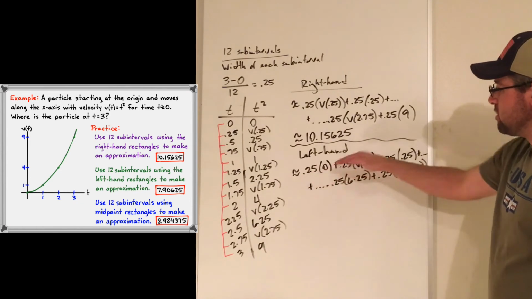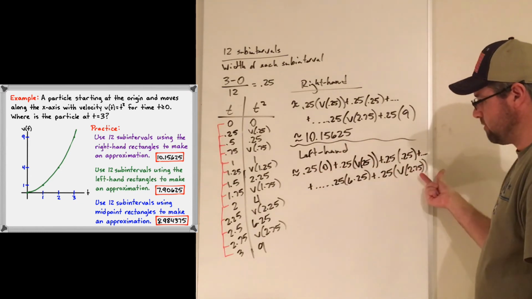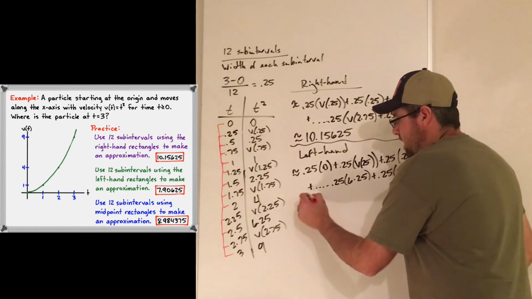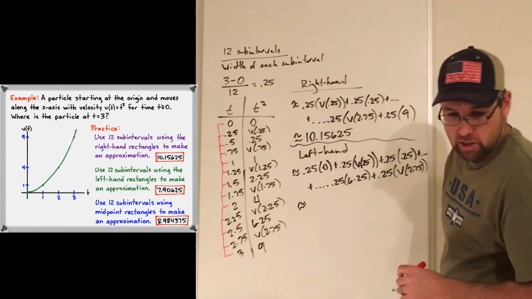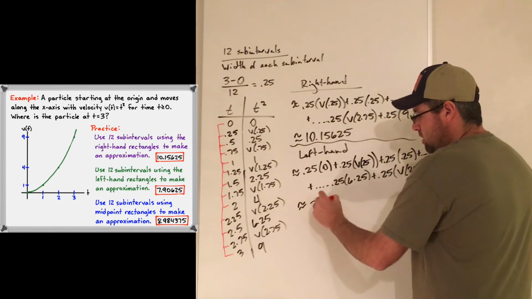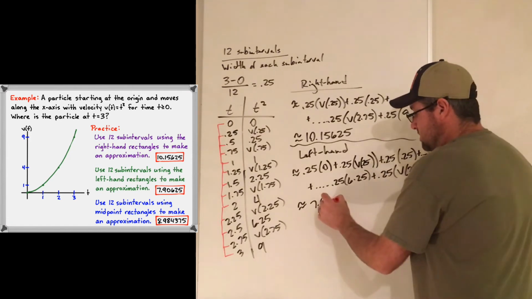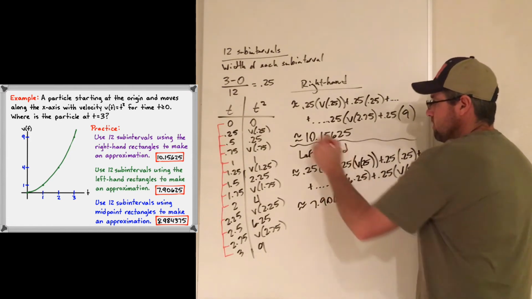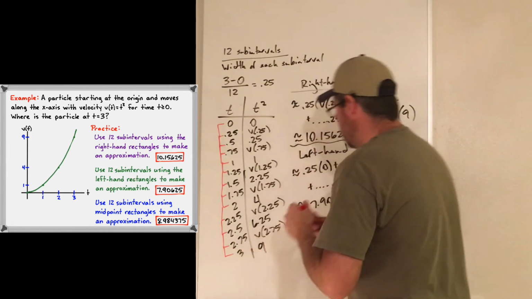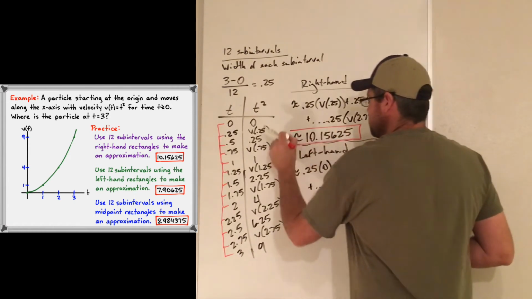And again, you want to make sure that you have 12 rectangles here, okay? And that approximation was 7.90625. Okay? So those are the left and the right approximations.